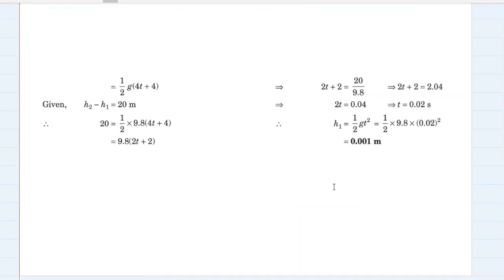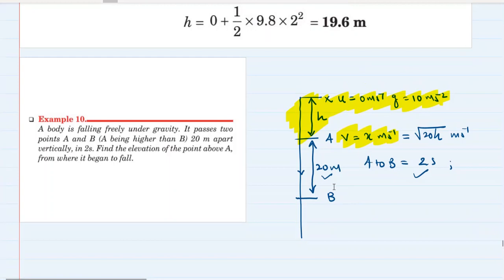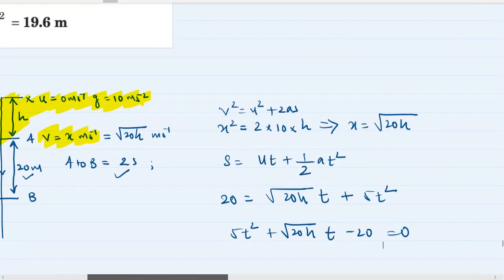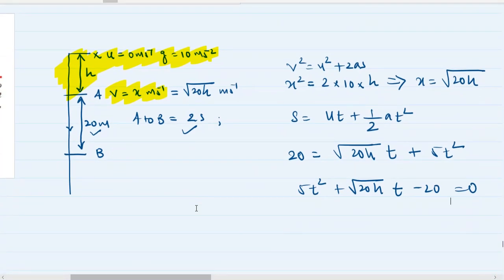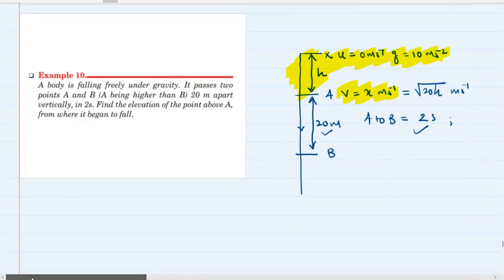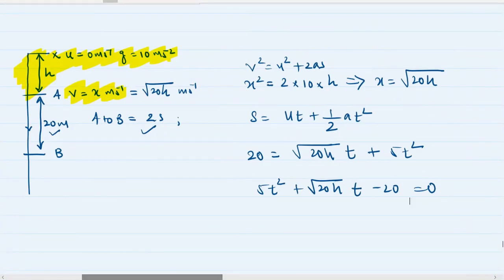So our method is correct. Only because we are taking g as 10, this is not yielding us the answer, but that should not be the case. Either they should provide the value of g, because we are taking g as 10 for simplification, we are not getting the answer.